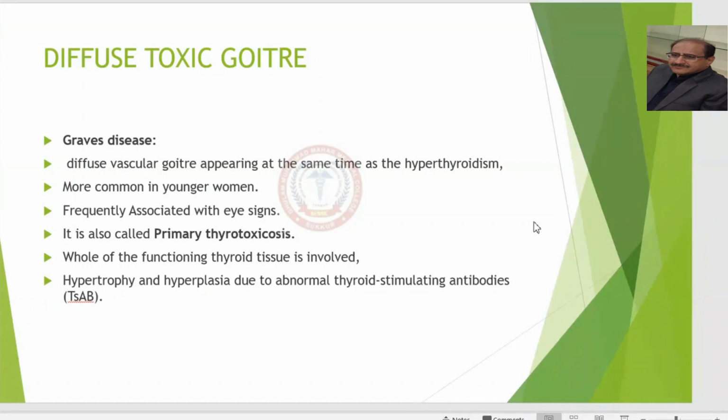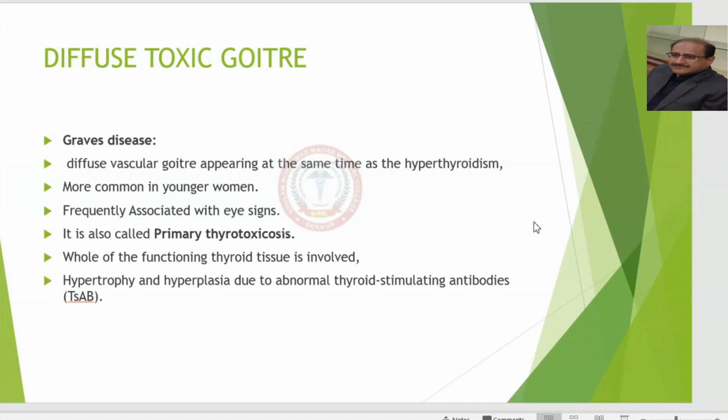The whole of the functioning thyroid tissue is involved, with generalized enlargement, and the whole gland is secreting an increased level of thyroid hormones. There is hypertrophy and hyperplasia due to abnormal thyroid stimulating antibodies. These are autoantibodies.